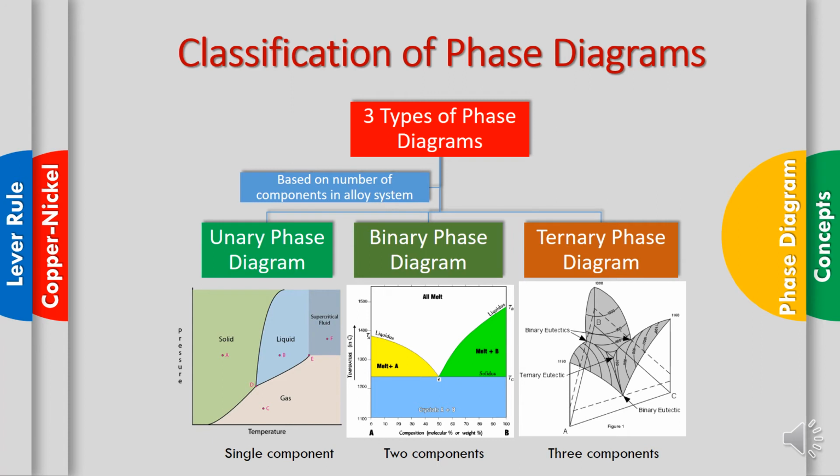Then we have two components, which we call the binary phase diagram, a temperature-composition phase diagram. And we have three components, which is the ternary phase diagram.